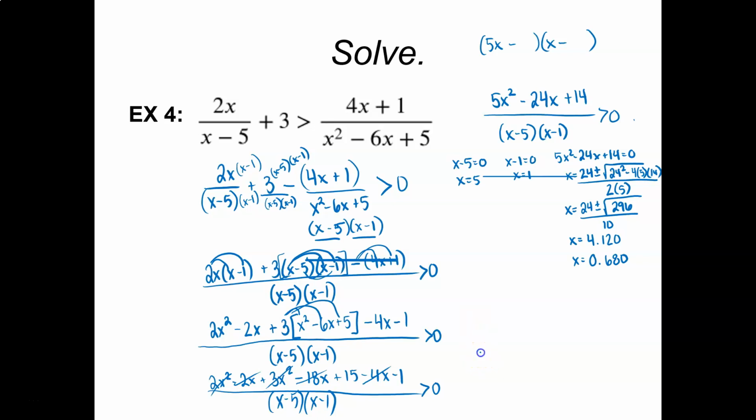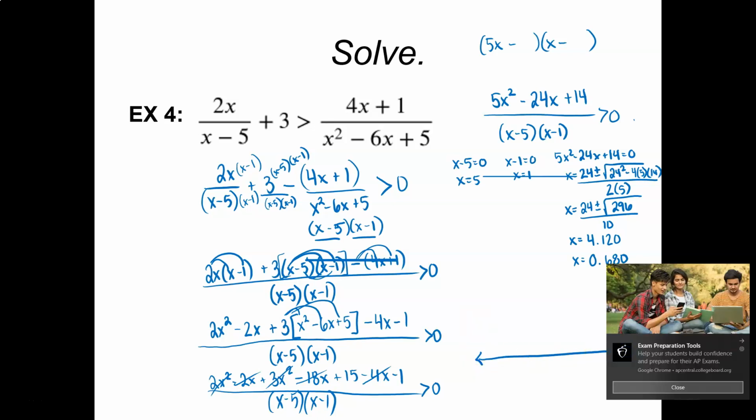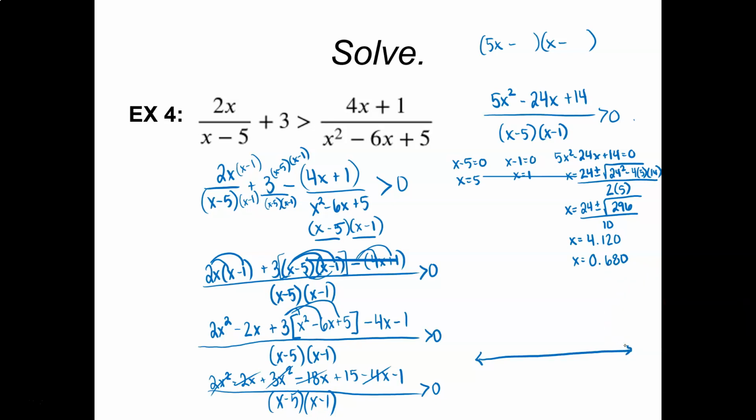So we could make a number line here. We're going to have 0.680 first, then 1, then 4.120, and then 5.